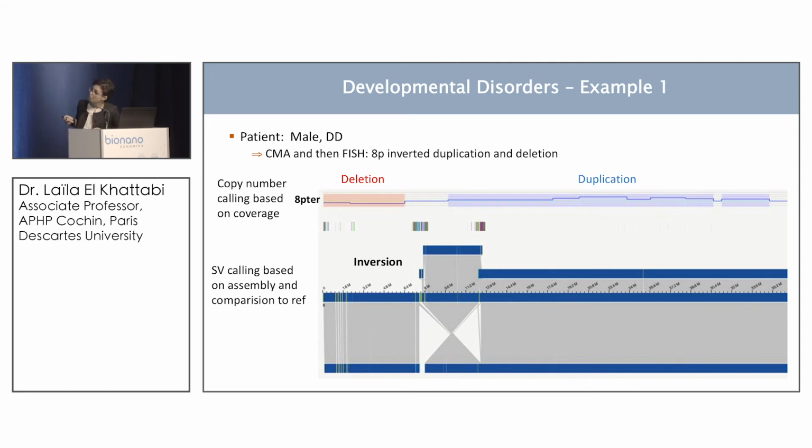In addition to this copy number algorithm based on coverage, you have this SV algorithm that shows you that there is actually an inversion at this point. So you have the answer as FISH and CMA provide you.